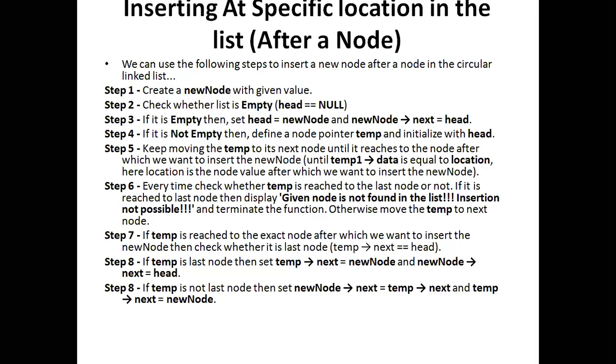If you check from the first node to the last node and it is still not there, it will show you an unsuccessful condition, because after the last node we again come to the first node. So already you have traversed, you can understand. The given node is not found in the list, so insertion is not possible and terminate the function. Here everything is a function. Otherwise move the temp to the next node.